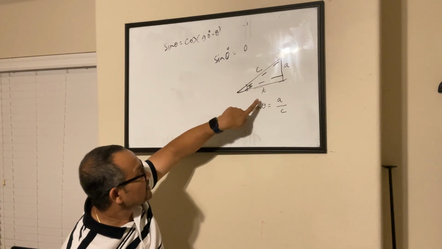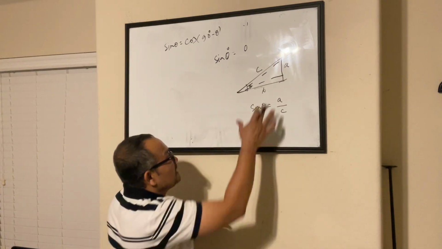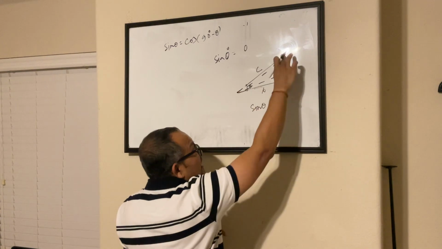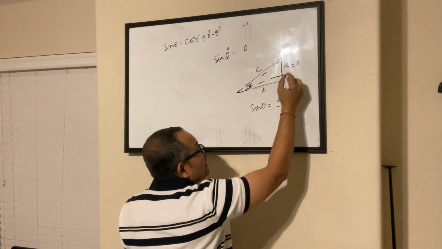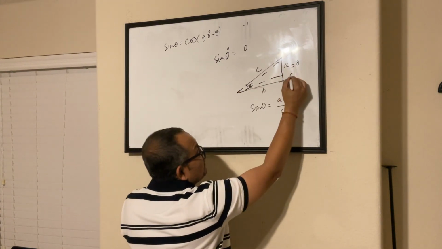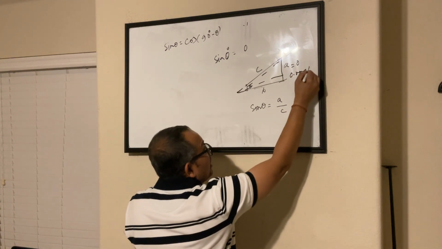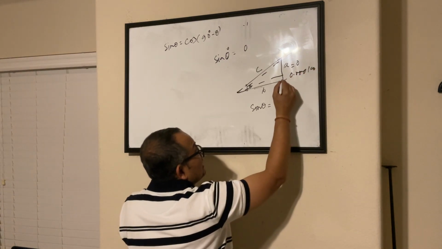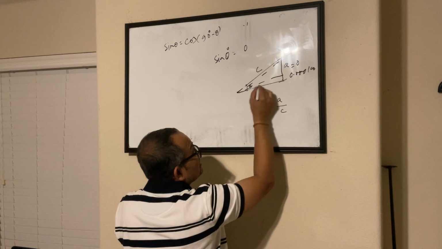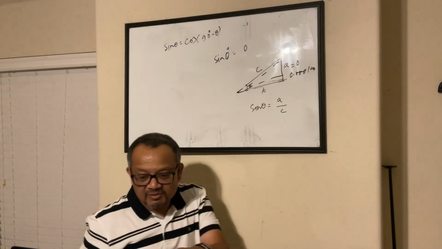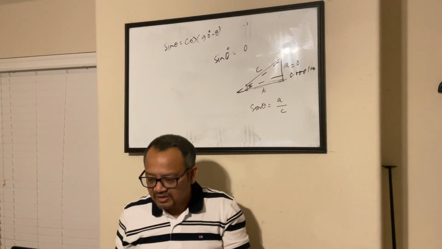This length and this length will become the same, and this length becomes 0, right? Even if this is 0.0001 centimeter, let's say, this is still not 0. This is more than 0. Maybe 1 degree, maybe half a degree, maybe 1/4 of a degree, right?